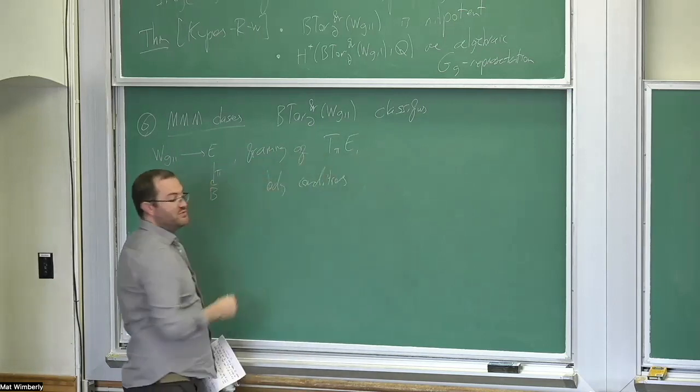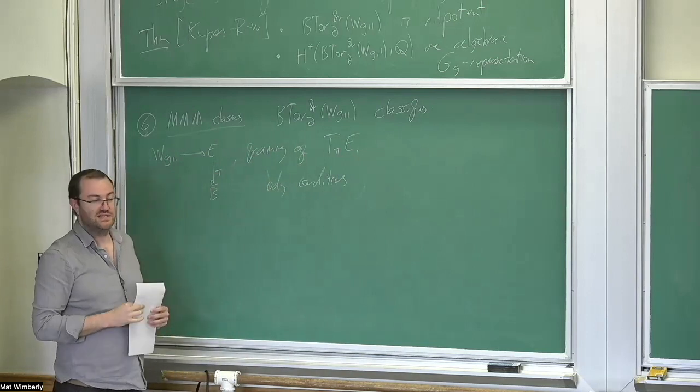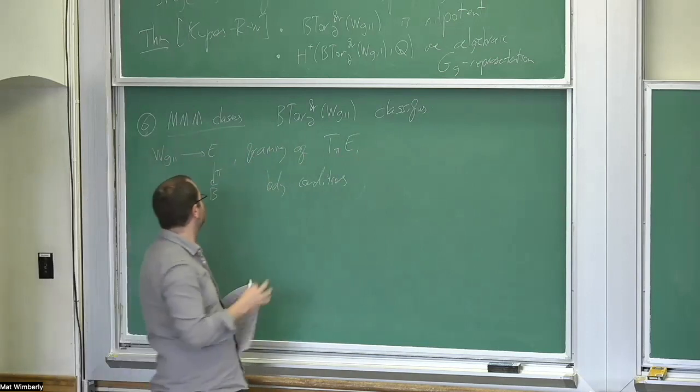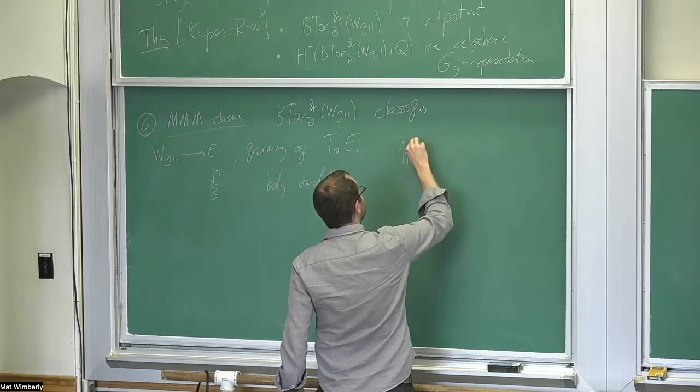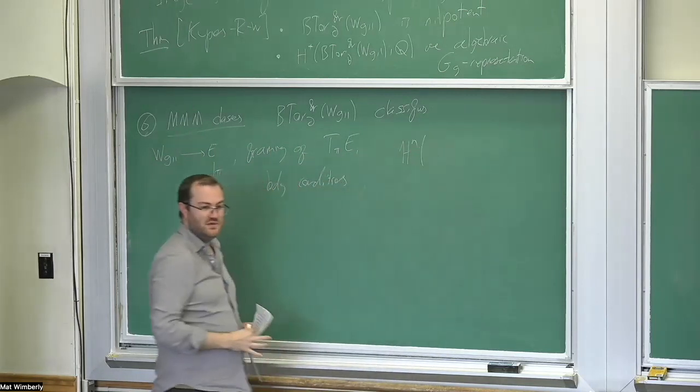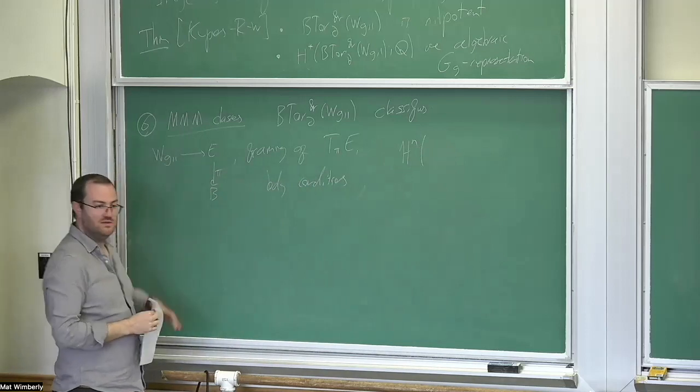And so far, this would be what B-diff frame classifies. And the difference between that and B2L frame is the additional datum: it's equipped with a trivialization of the local system given by the middle cohomology.